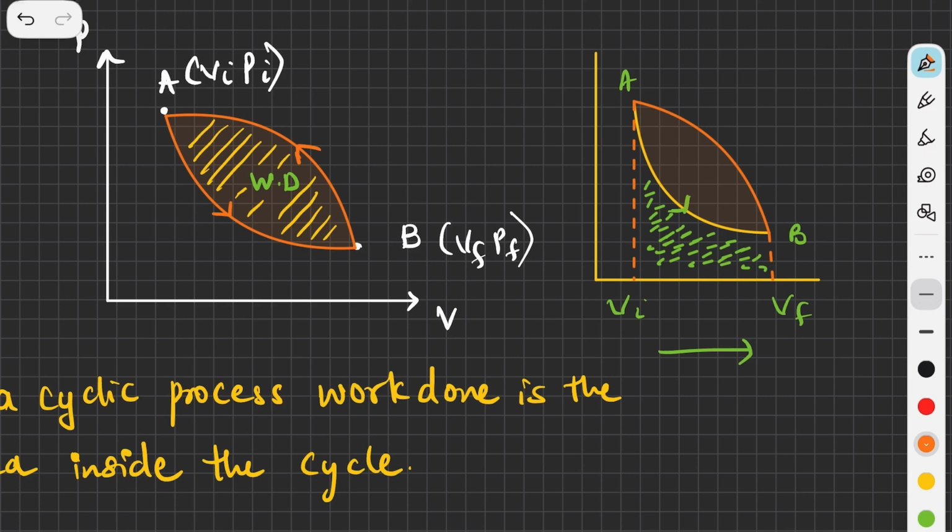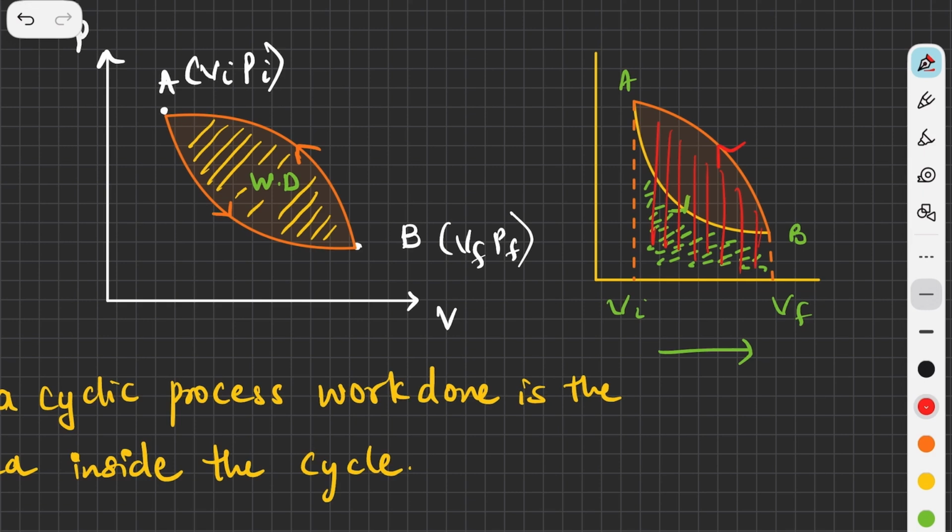In this case the area would be somewhat this one, which I would paint in red. This red area would be the area under the graph. While going from initial state to final state and from final state to initial state, the area below the graph is different.